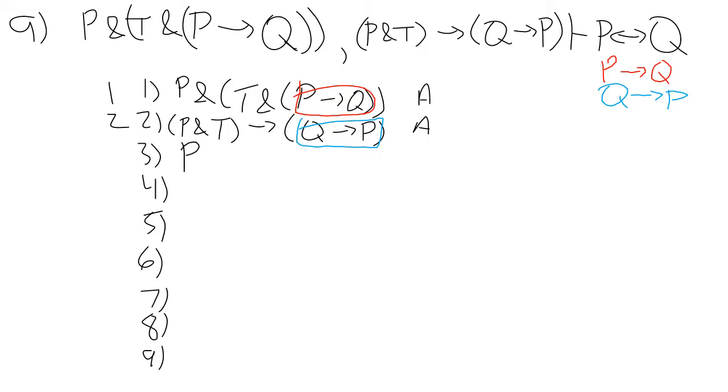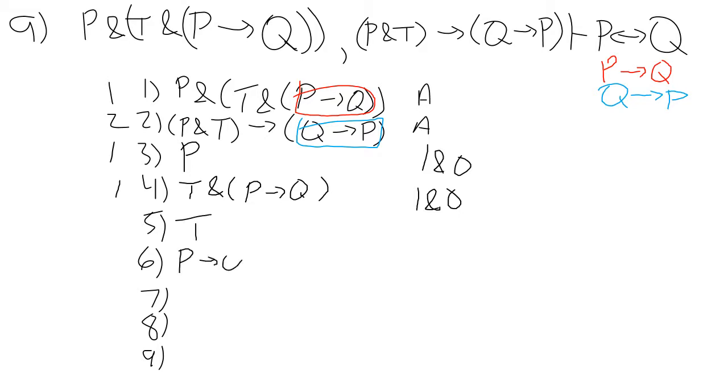Well, I can get rid of the P, and I can get rid of the T and P arrow Q from 1 and out for both of those. Then I can also get T and P arrow Q out from 4 ampersand out. Now I've got one of them. I've got the P arrow Q.